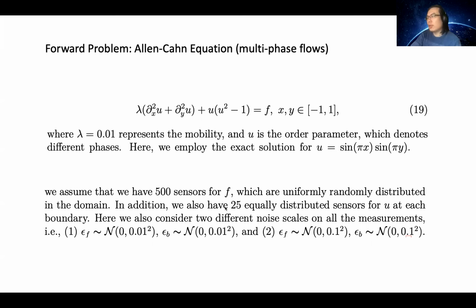In addition, we also have 25 equally distributed sensors for U at each boundary. We also consider two different noise scales for all the measurements, 0.01 and 0.1. Here they are.